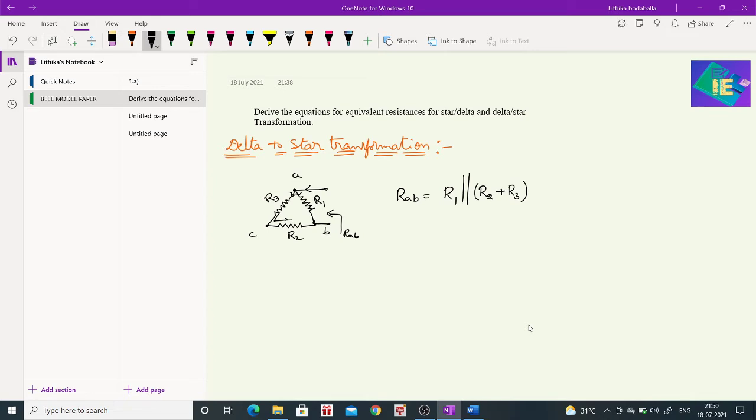We know when two resistors are in parallel, RAB becomes R1 multiplied by R2 plus R3, divided by total resistance, that is R1 plus R2 plus R3.